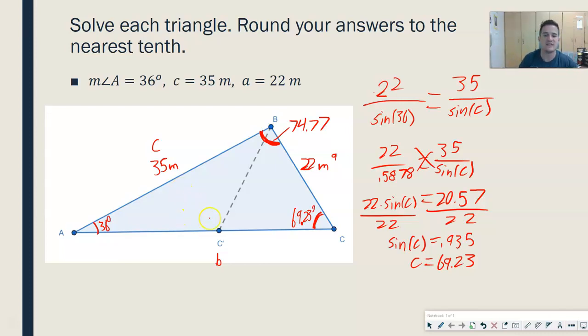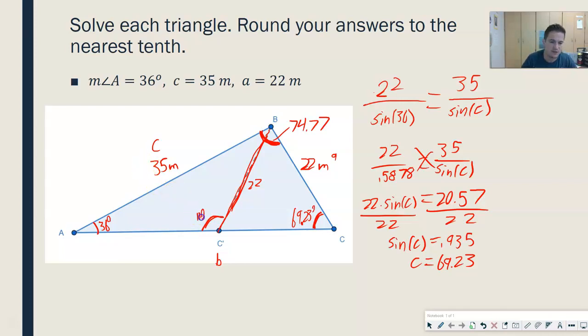Well, in order to test that, of course this picture isn't perfectly to scale, but we're going to pretend like we slide this side over here. So this is side A. This is my new triangle. This side is 22. This angle is going to be 180 minus 69.23.